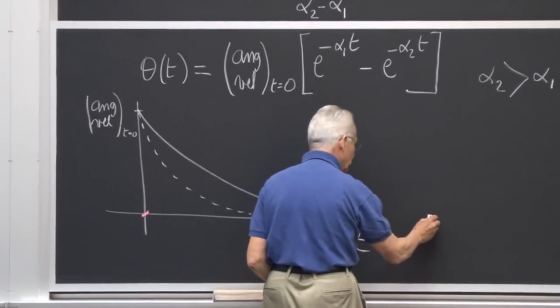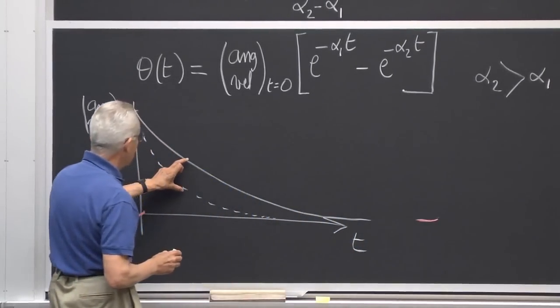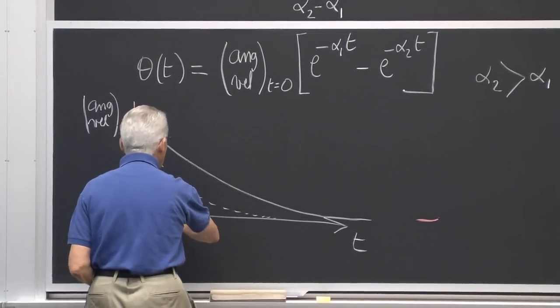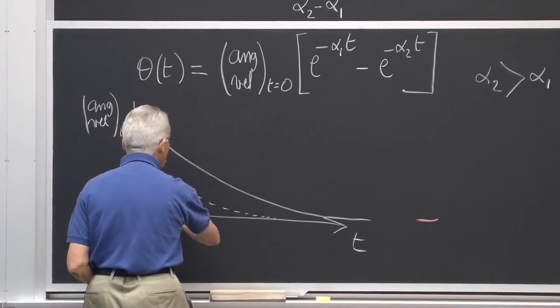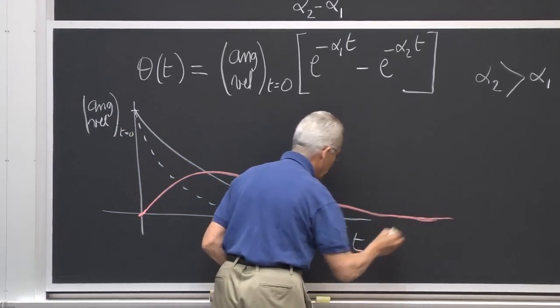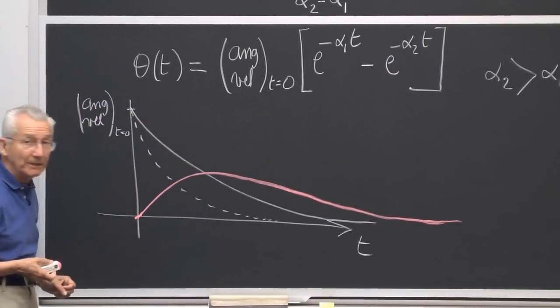So out here, it'll be 0, or approaching 0. It'll be some magnitude in here. And so I will get something like this happening. It's the difference of the two exponential functions.